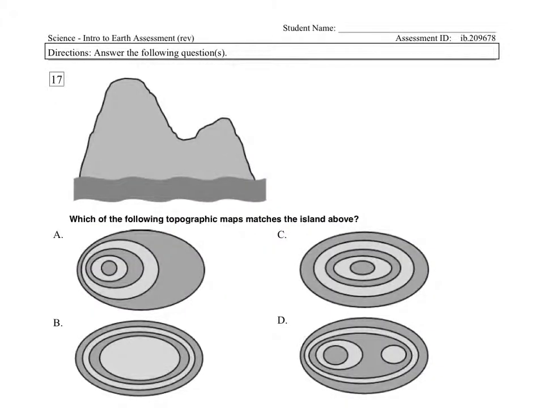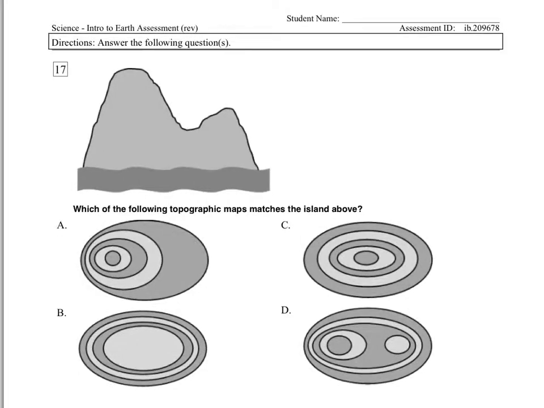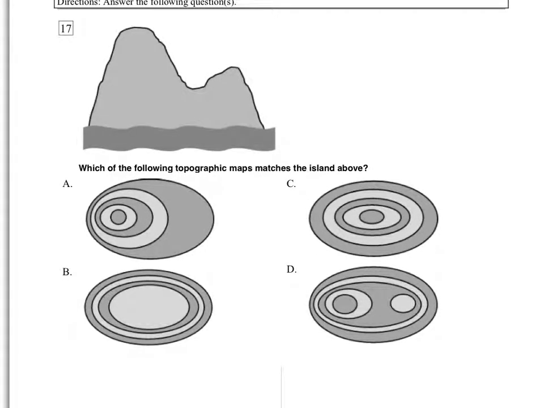17, this one was D. What you're looking for is a mountain that is higher on the left, right? It's higher on the left than it is on the right, and there's two separate peaks. So this one just looks kind of like it has one peak. This one has one peak, it's a little more pointy.